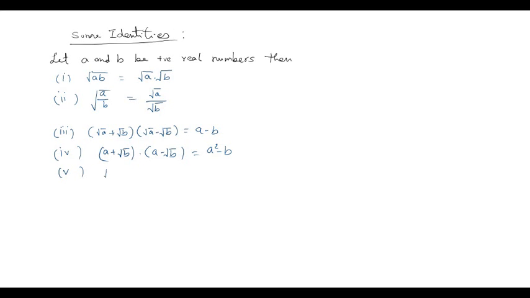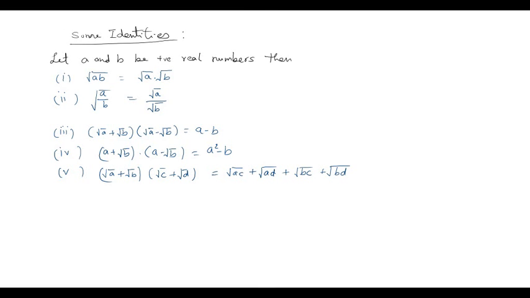Next is square root of a plus square root of b times square root of c plus square root of d. Then that will become square root of ac plus square root of ad plus square root of bc plus square root of bd.